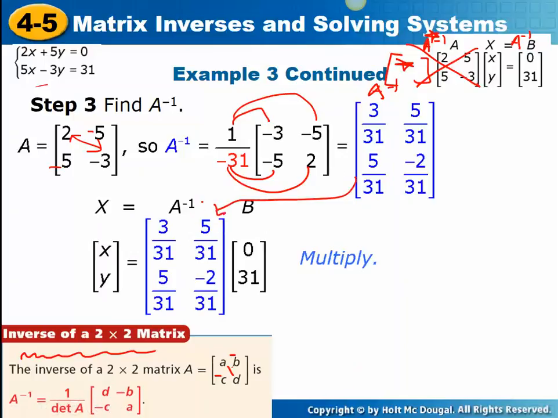It's the inverse of A times B, and B was 0 over 31. I would use the graphing calculator or the matrix calculator to double check this multiplication. And when you do this multiplication, you get 5 and negative 2. 2 rows, 1 column. That means that x is equal to 5 and y is equal to negative 2. So our solution is a point on the coordinate plane at 5, negative 2.